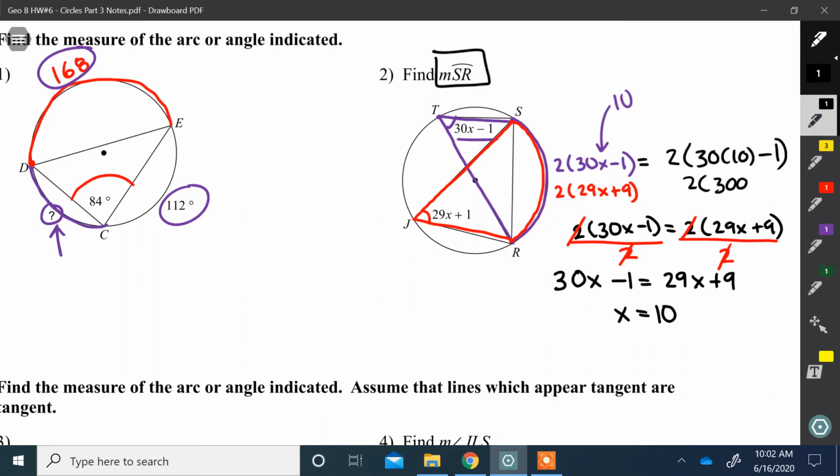Let me see. That doesn't look right. Something seems to be off here, because I'm gonna get an answer that is much bigger than expected.